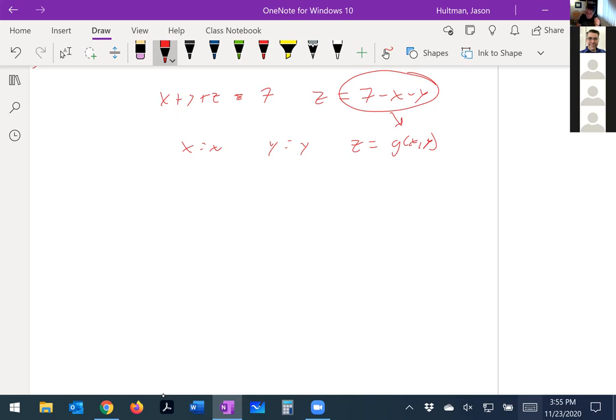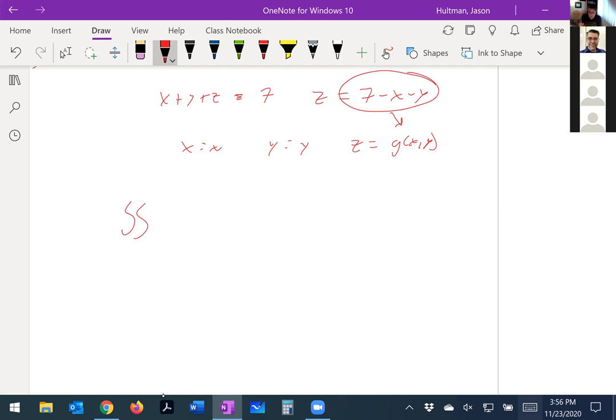Okay, so the very last thing that we covered last time was we said we could get this thing in terms of a double integral.